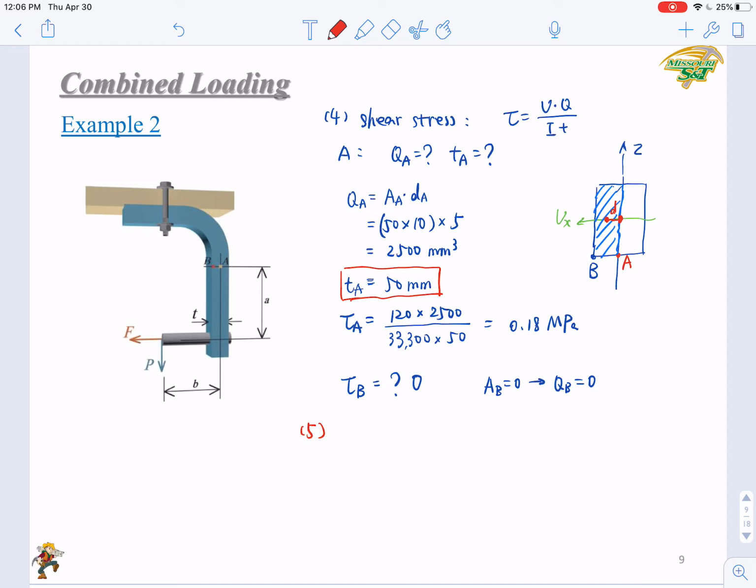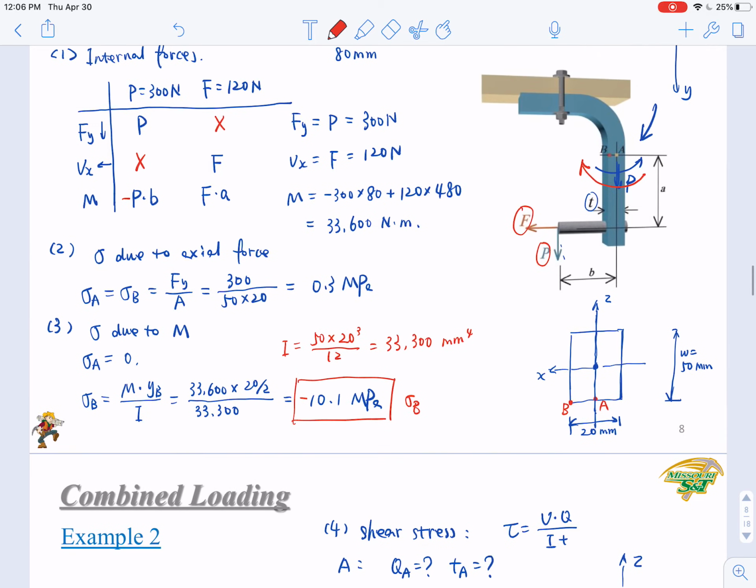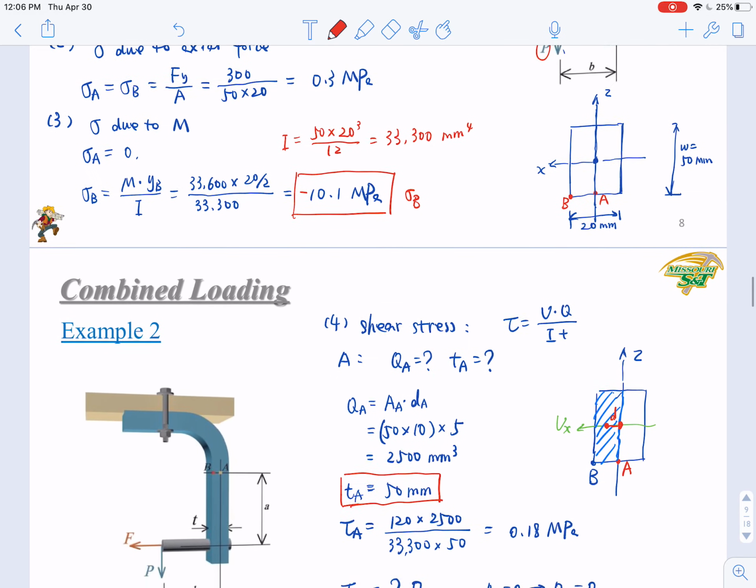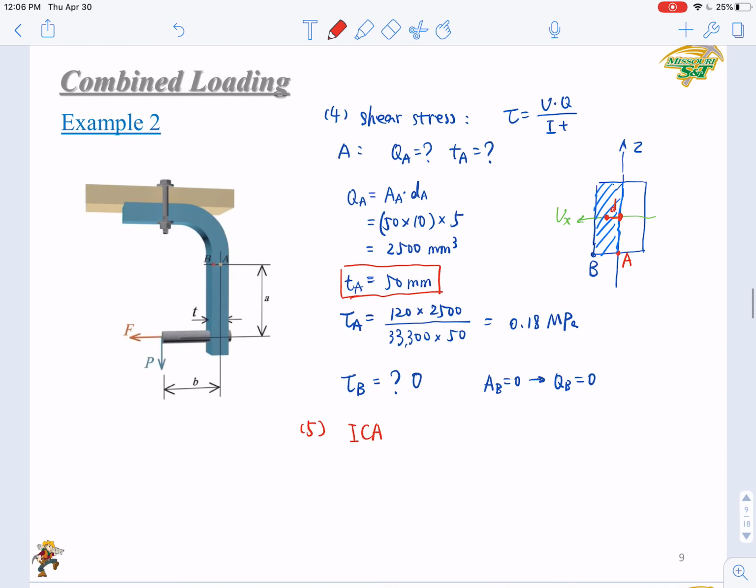This is your ICA, so submit it to Canvas to summarize our results. What do you need to summarize? You need to summarize sigma A, sigma B, tau A, and tau B.